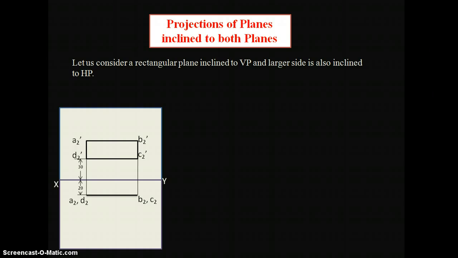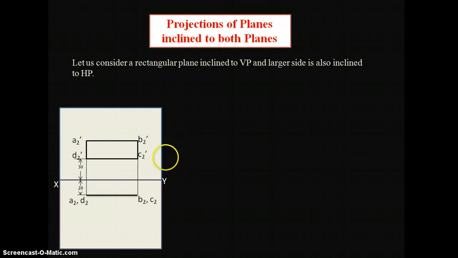So in the second case, we need to give the inclination to the vertical plane. How can we give the inclination to the vertical plane? If you rotate this top view by whatever inclination is given in the problem, that is inclined to the vertical plane, automatically it becomes inclined to the vertical plane and perpendicular to the horizontal plane.